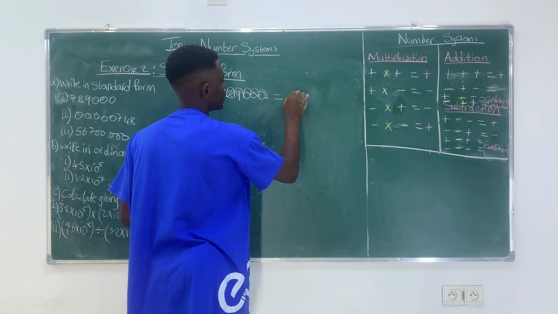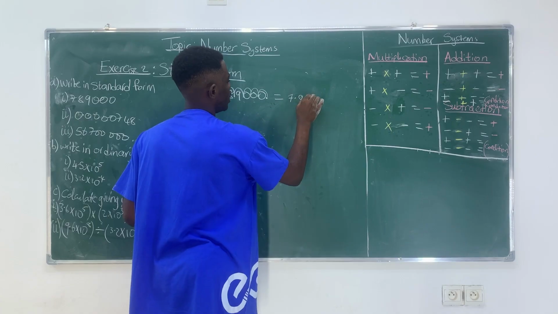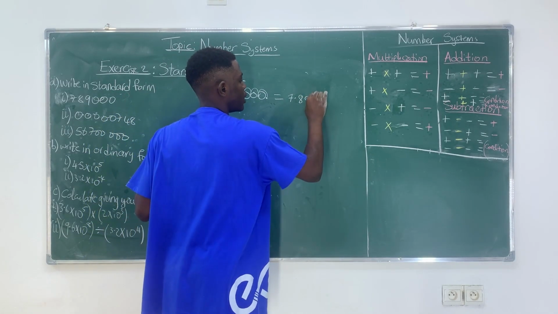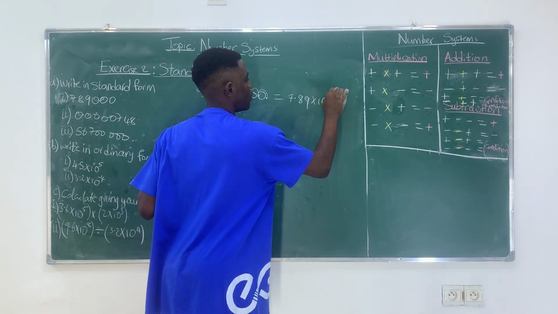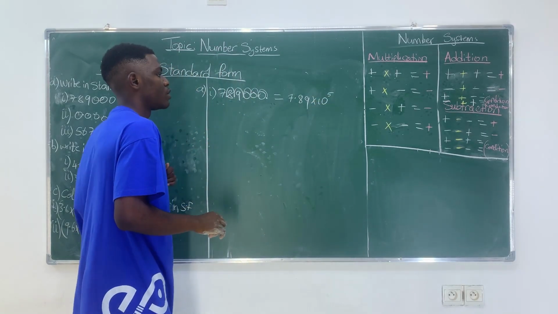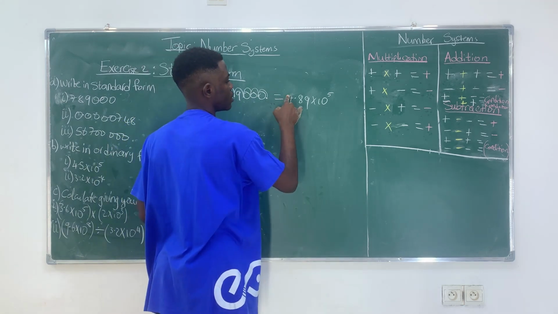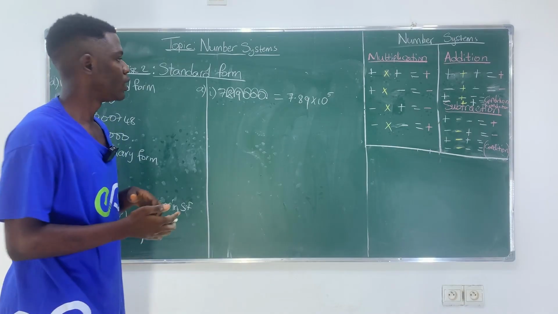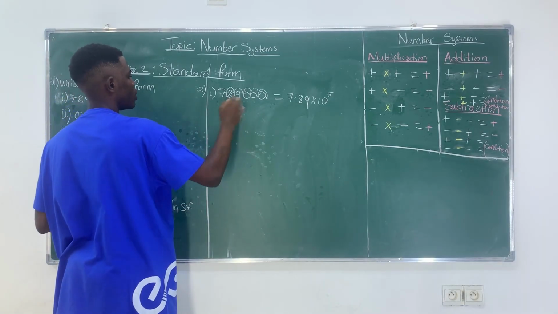So we will have 7.89, which is 7.89 times 10 to the power 5 because we moved 5 times. So that was pretty easy.